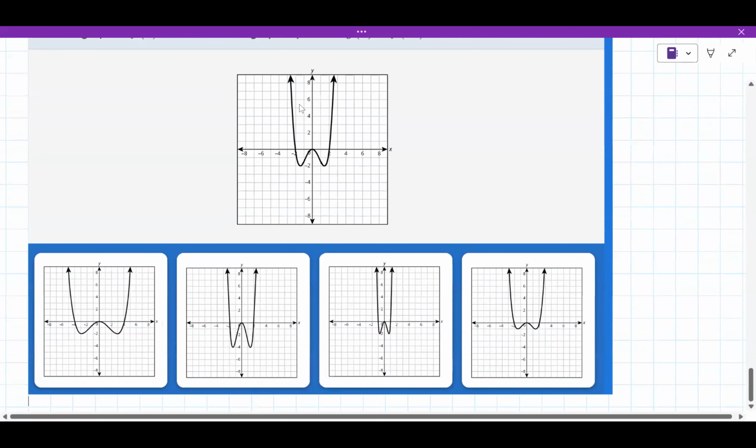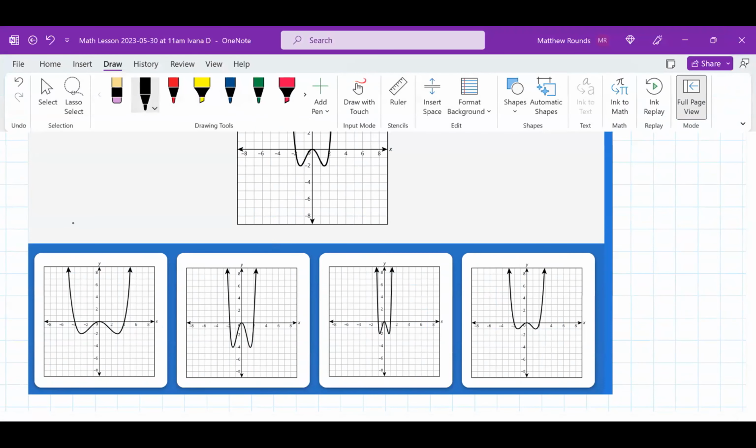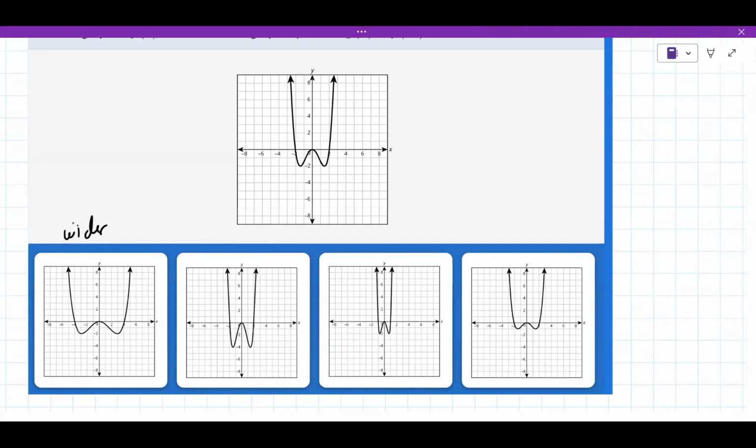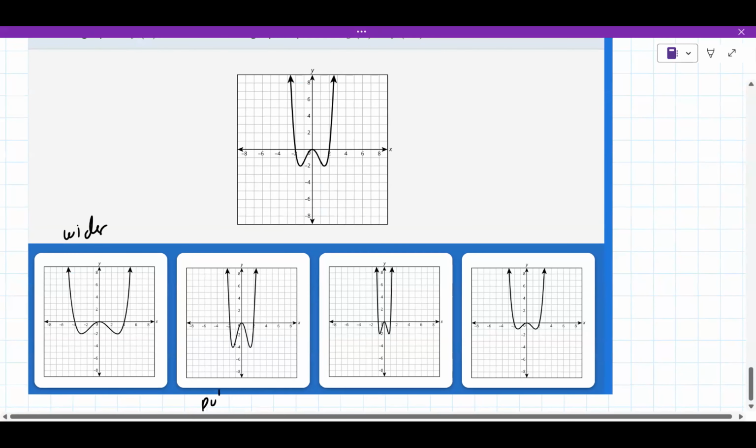What I want to show you is the original graphs up here. This one on the left, you can see that it got wider. Do you agree with that? I hate to make an analogy to waistline, but it's like your waist got wider. Maybe you ate too much. The next one here has been pulled down.